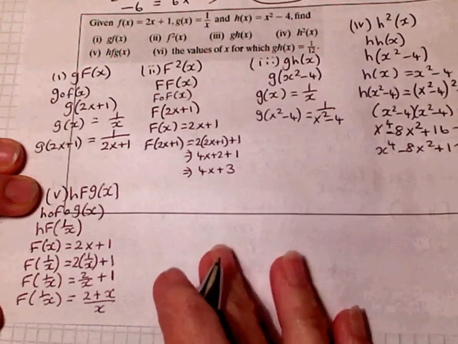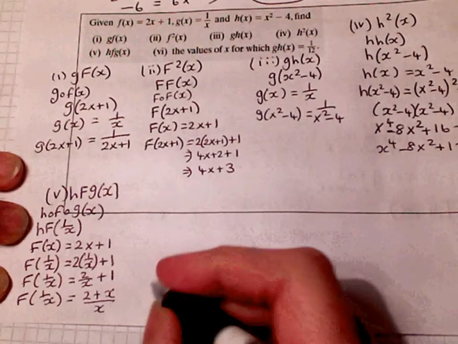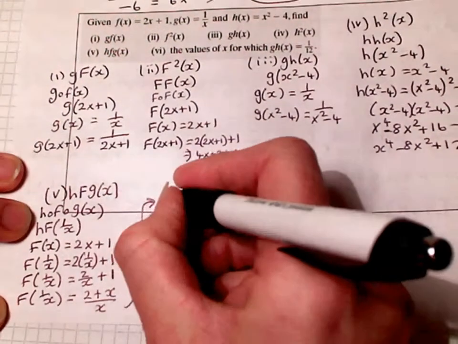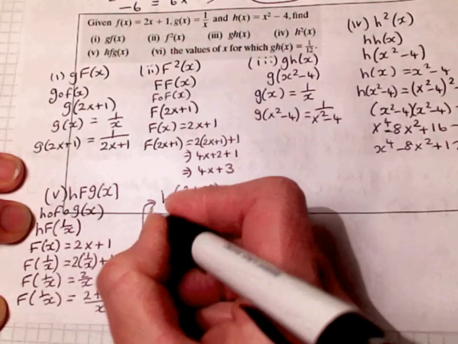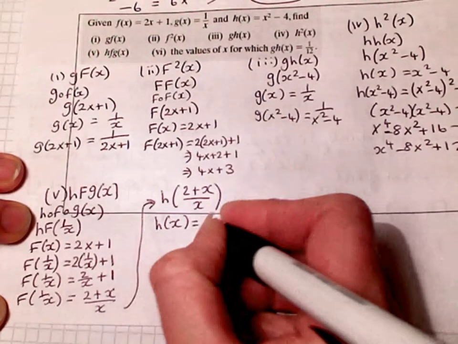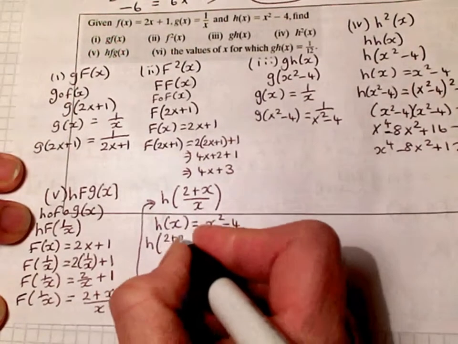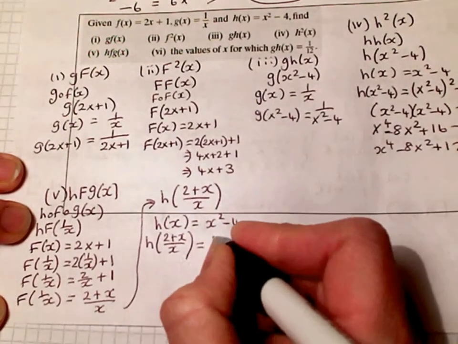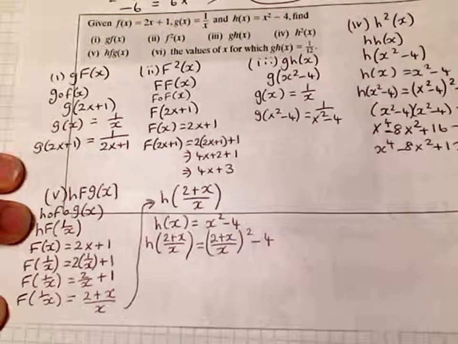So remember, it was h of f of 1 over x, okay? So it's now going to be h of 2 plus x all over x. So the h of x function is x squared minus 4, and h of 2 plus x all over x is going to be 2 plus x all over x, all squared, minus 4.